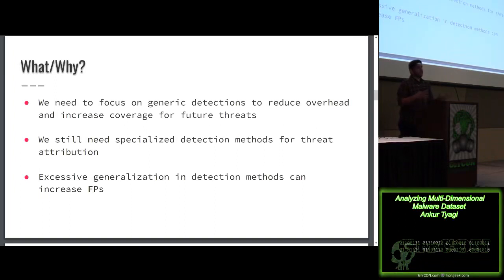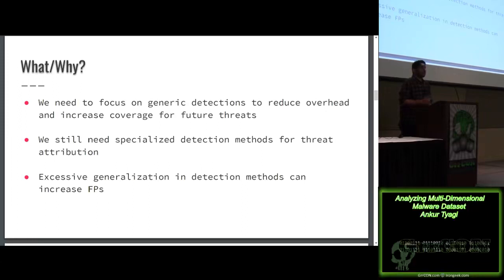And if we can categorize certain samples together based on their type, for example, remote access trojans or ransomware, if we can create a generic detection mechanism for ransomware as a category, all the ransomware samples that we can have in future can be detected via that generic signature.